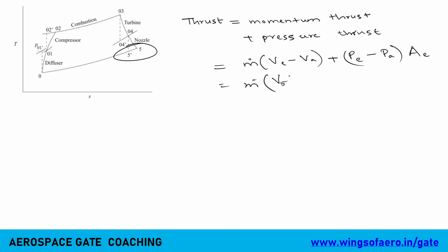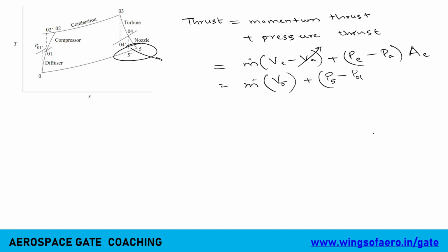As they have not given anything like flight speed, we will not consider it over here. Now what is PE? P is again the exit one. As it is getting choked, that means I can write PC or P5. Inlet value is given, so I will write P01.